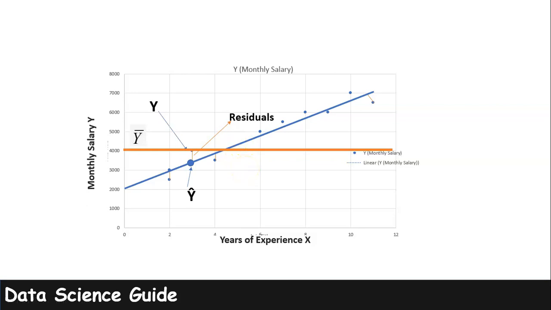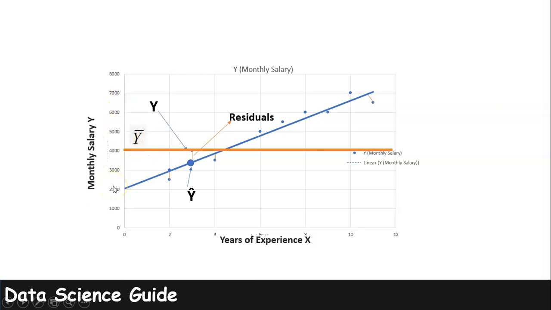Now we need to calculate something else, which is the difference between the mean, or y bar, and these actual values. For this purpose, we draw this horizontal line exactly in the middle on the average. So this horizontal line represents y bar, or the average of the actual values.